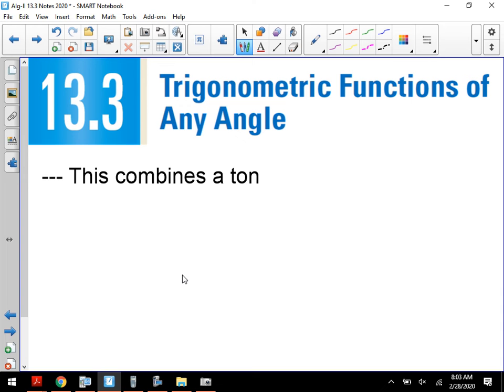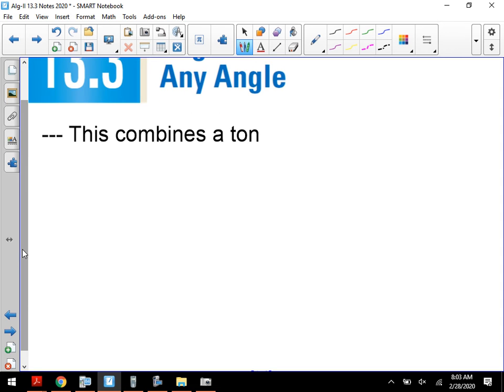Do you remember what they were called? Cosecant, secant, and cotangent. Now, what we did with those is I said if cosine of theta was 5/7, I asked you what's the cosecant of theta? When we did that, how did we set that up? Do you remember? We drew a right triangle.